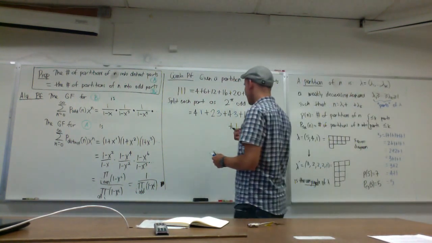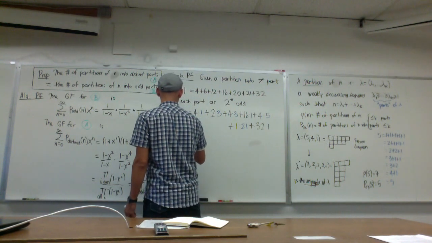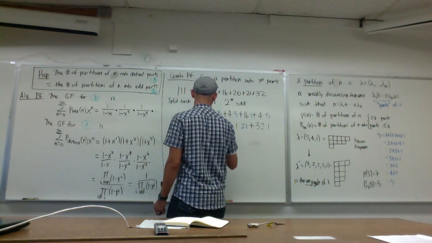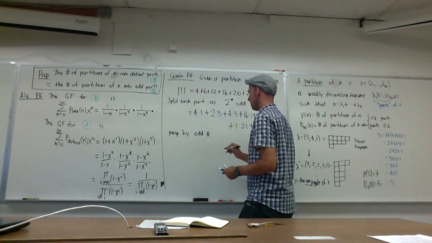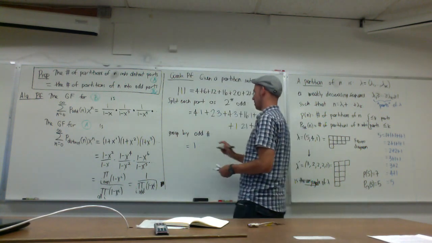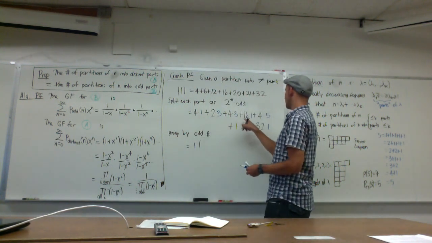Well, what I'm going to do is group by odd numbers. Okay, so who got a 1? 4 plus 16 plus 32.